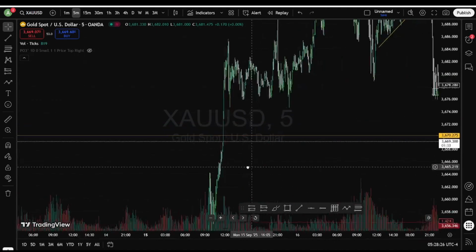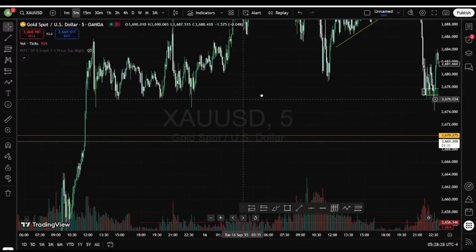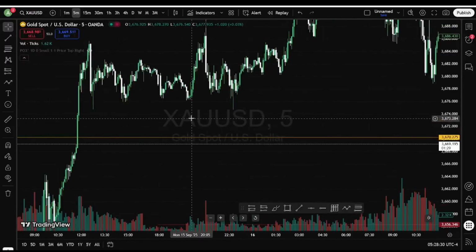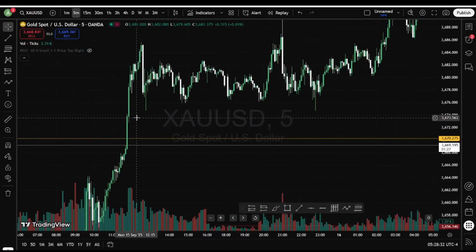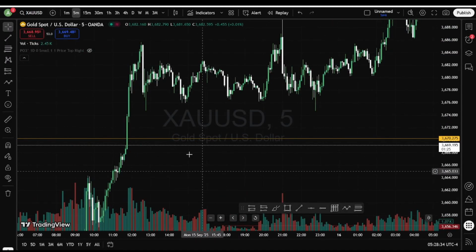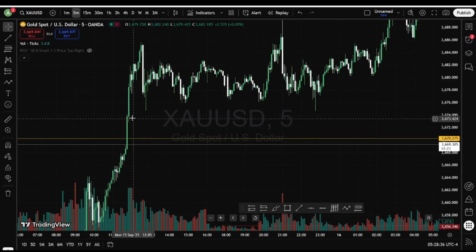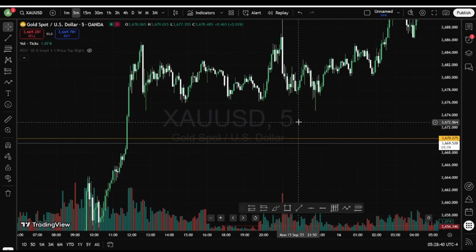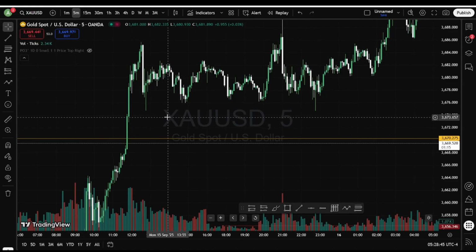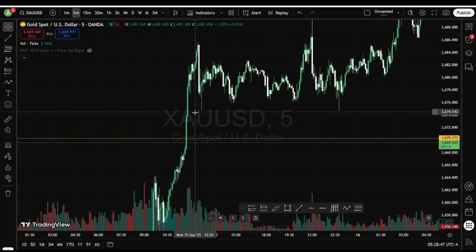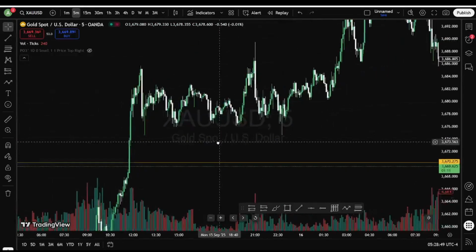So buyers close their buy trades and sellers open sell trades. Sellers open sell trades, buyers close buy trades, so it goes up. Why? Because sellers have to lose and buyers are not available. So the market goes above this level and does a range.